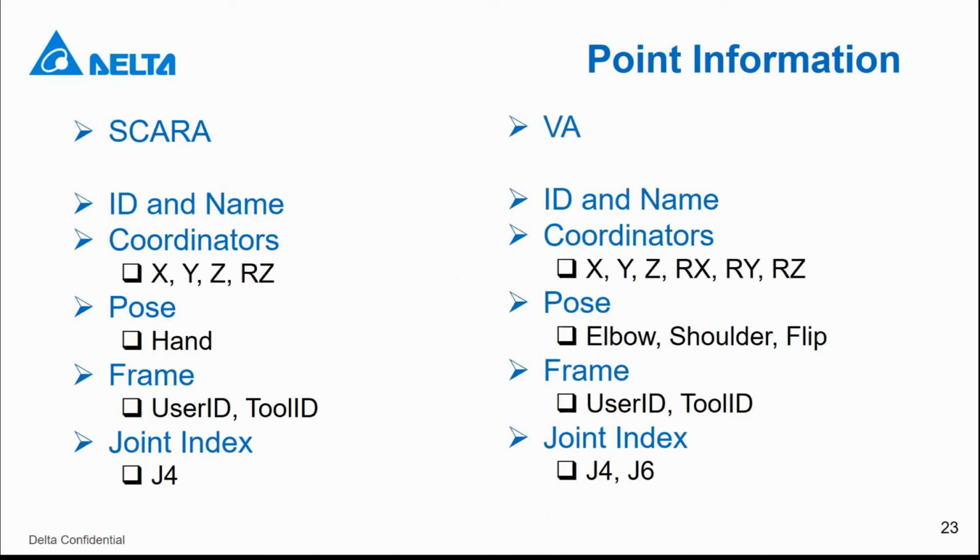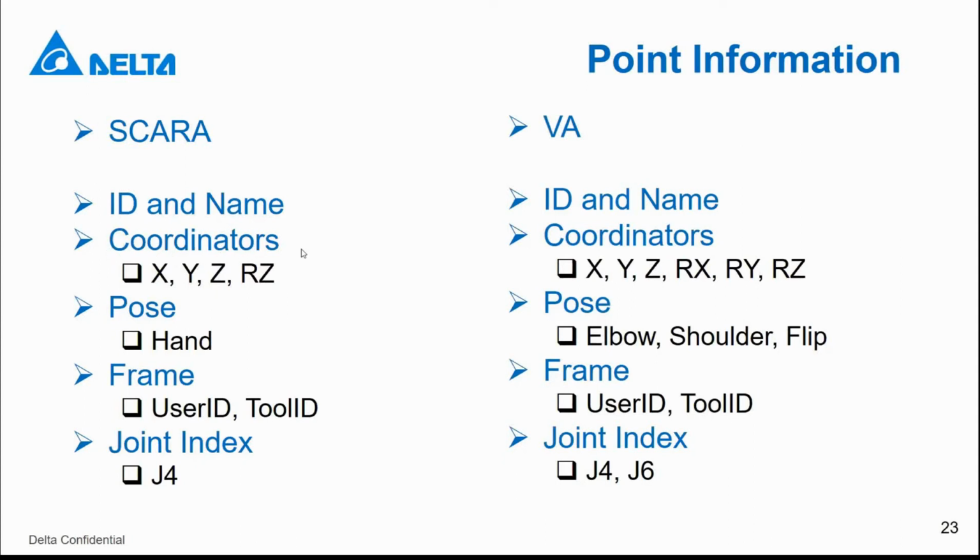And for each point, what data do we store inside? We store different data for different robot types. So on the left side, first is a SCARA. For SCARA, we store the ID and name of this point. And we also store the coordinates.